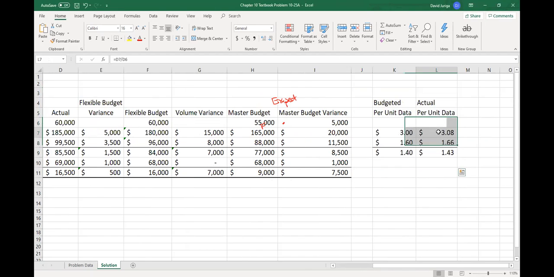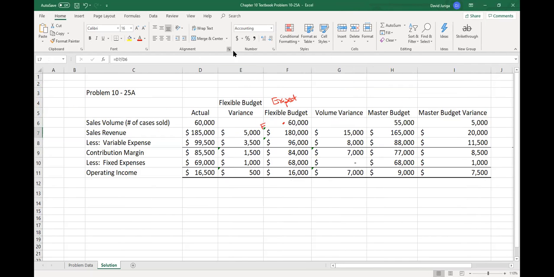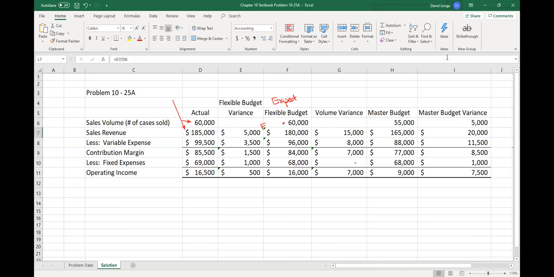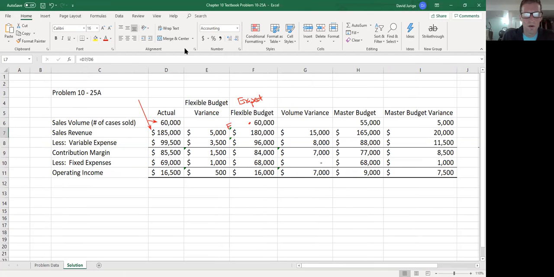Notice the actual came out to right at 3.08, and the way I got that is just taking 185 and dividing that by 60. I wanted to show that to you because you might ask why we had more sales revenue. The reason is that we charged more. We changed the sales price, and that happens. All right, so let's go back.